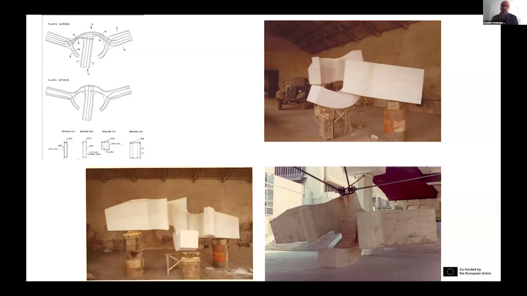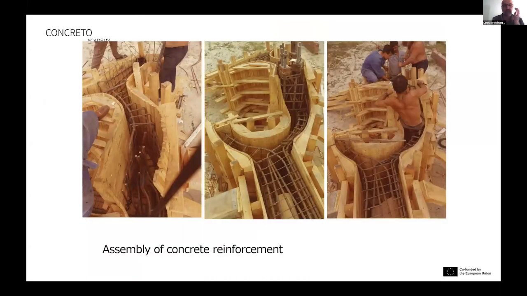Actually, you do the volume, and he carved all this volume, and then the formwork applies to it. This was also a challenge because we needed to do plans of this, and none of it has a plane. Okay, this is how they did this.